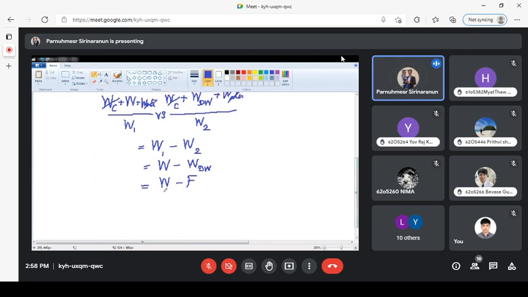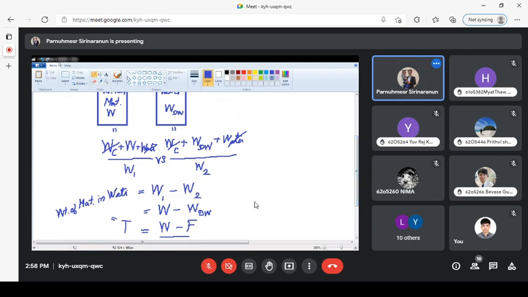And from the last slide, the difference between the weight of the material and the buoyancy force, what does it mean? The tension force. But this tension force means what? It means the weight of the material in water.